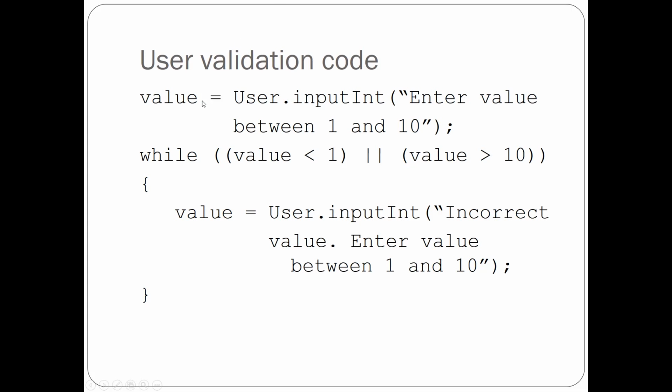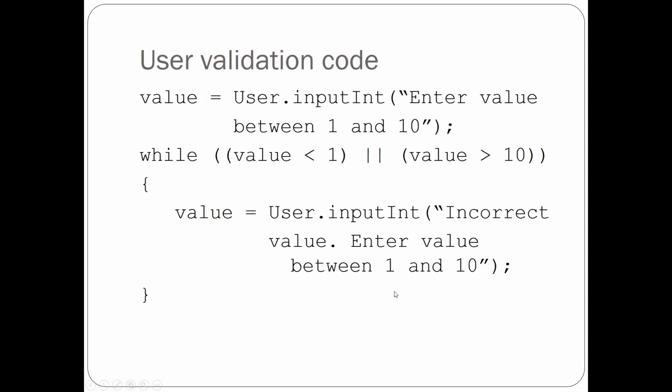Fact of the matter is that we've got a user.inputInt again, which asks for a value between 1 and 10. So the user will type in a value, an integer, and it's stored in value. But we've got a decision, and it's a compound decision which will generate true or false, as all while loop decisions do. But in this case we say while the value that's been typed in is less than 1, or the value that's been typed in is greater than 10, we force another input because they've not been able to type in a number between 1 and 10.